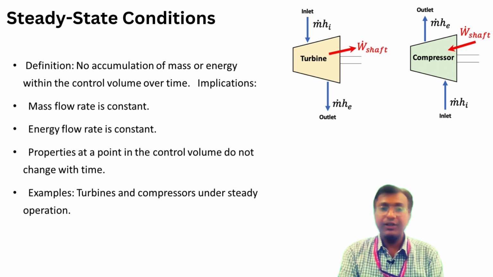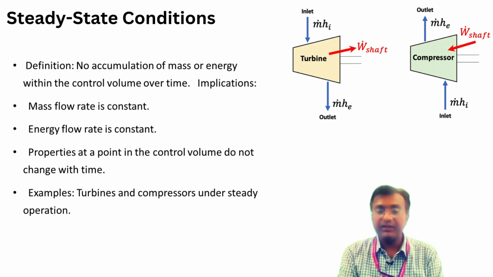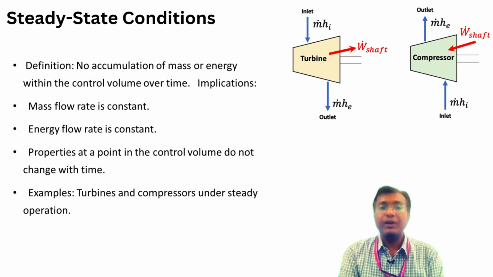So what are the key points for the steady state? The first is constant mass flow rate. The mass which is entering the system must leave the system. Second is constant energy flow rate. The energy such as heat and work which is entering the system must be equal to the energy coming out of the system.